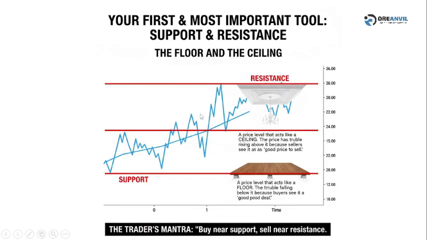So here's the trader thing we put in our mind. We buy near support and we sell near resistance. So we are buying from the floor, buying low, and at the ceiling, we are selling high.